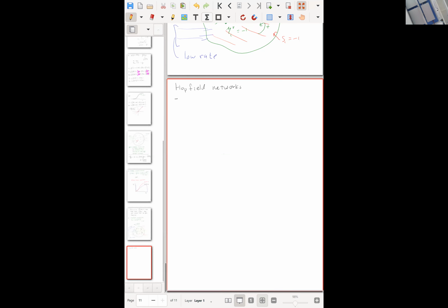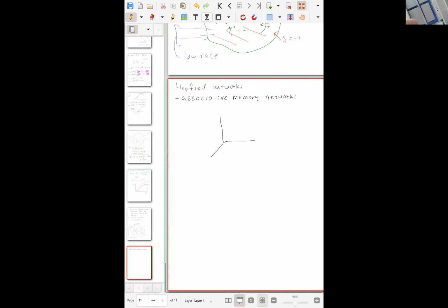These were nice because they were associative memory networks. So if this is activity space, in this case, it was sort of S space, which is very high dimensional, what they had is lots of fixed points.